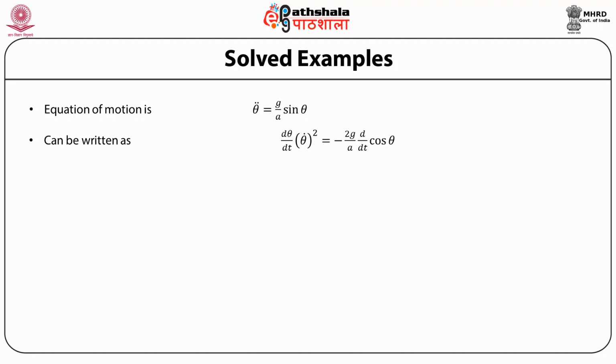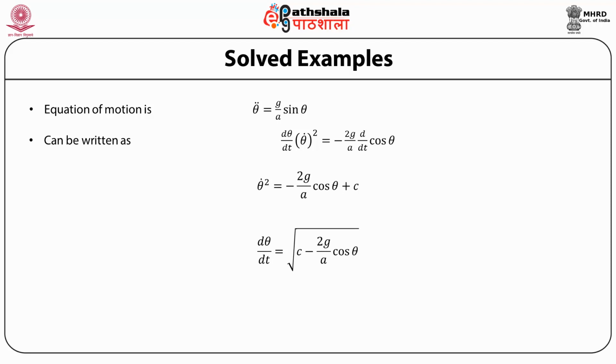And d/dt of theta dot square is twice theta dot theta double dot, and therefore d/dt of theta dot square is equal to minus 2g by a d/dt of cosine theta, and this can be easily integrated, and we get theta dot square equal to minus 2g by a cosine theta plus a constant of integration, and from this we obtain d theta by dt as under root of c minus 2g by a cosine theta.